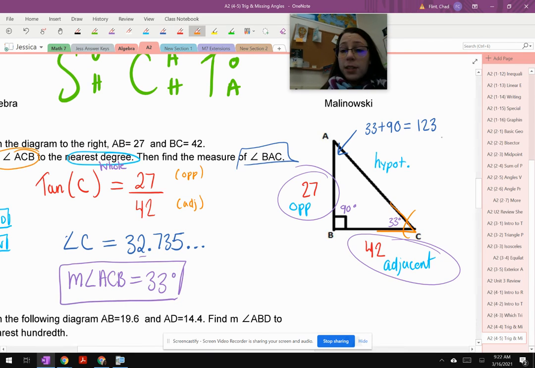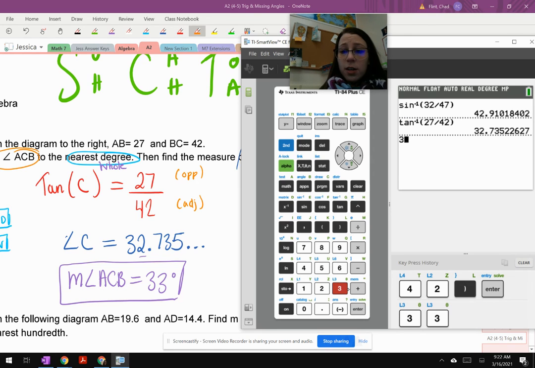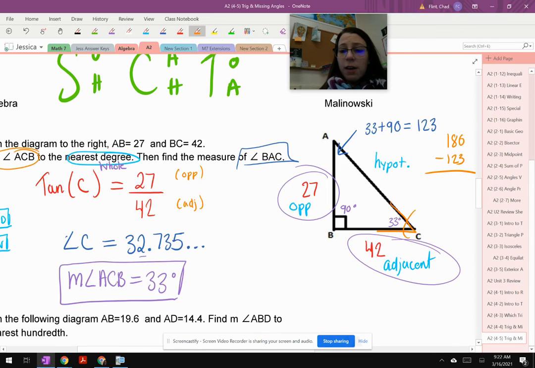And then I'm going to subtract that from 180 to get my final answer. 180 minus 123 gives me 57. I know I put it in there backwards, that's why I just dropped the negative.